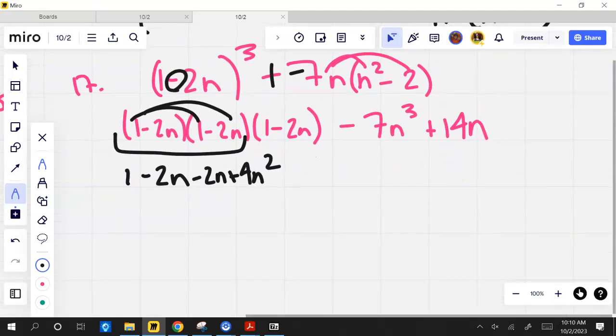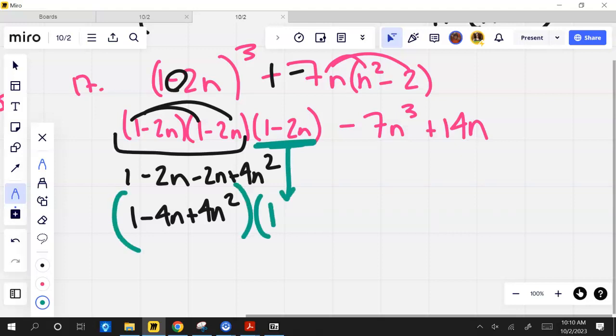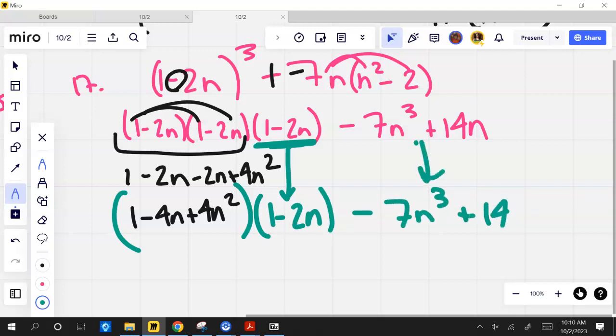All right, so yeah, I'm going to combine like terms minus 4n plus 4n squared. Now remember, I still have this piece here, right? All this is still here. It's just going to follow this problem down until I'm ready to use it.